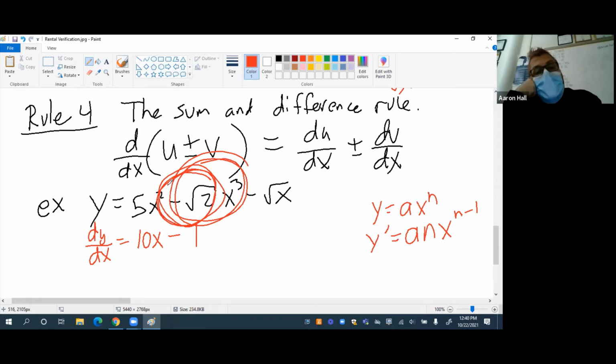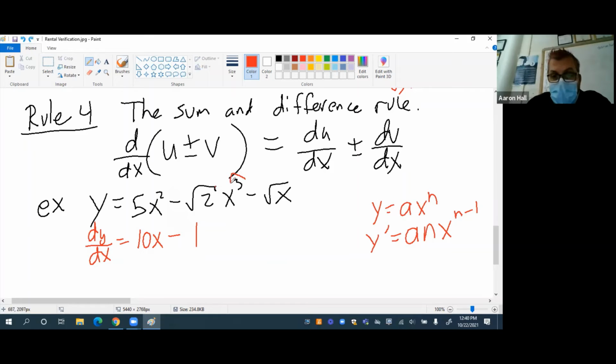And then we have x, what's n? The n is 3. This is a, followed by an x to the power of 3. There's no variable in the square root of 2.